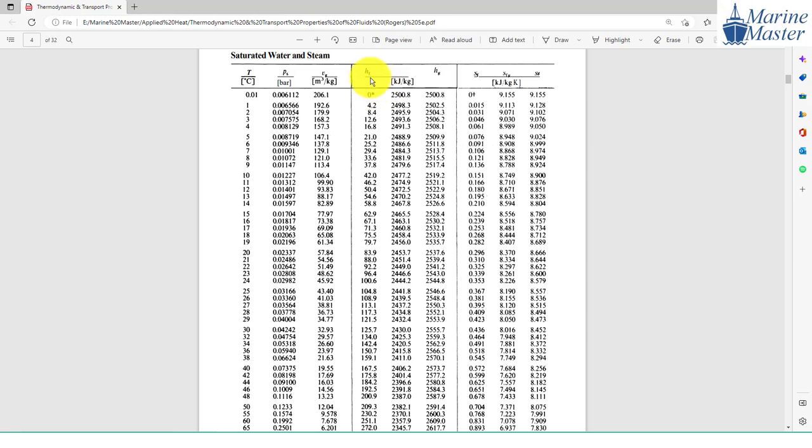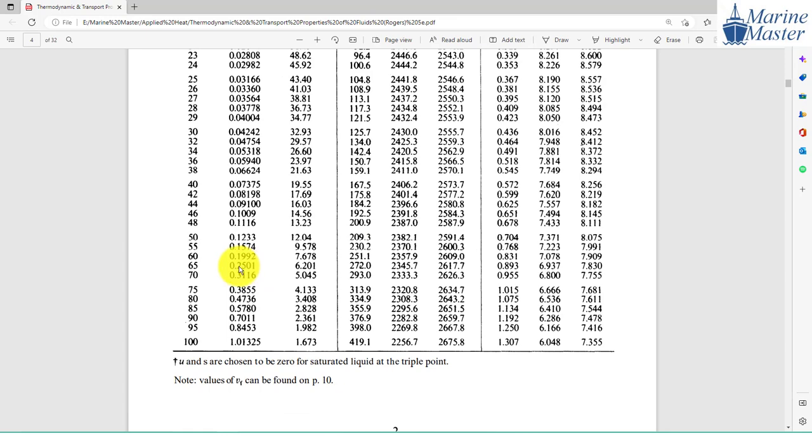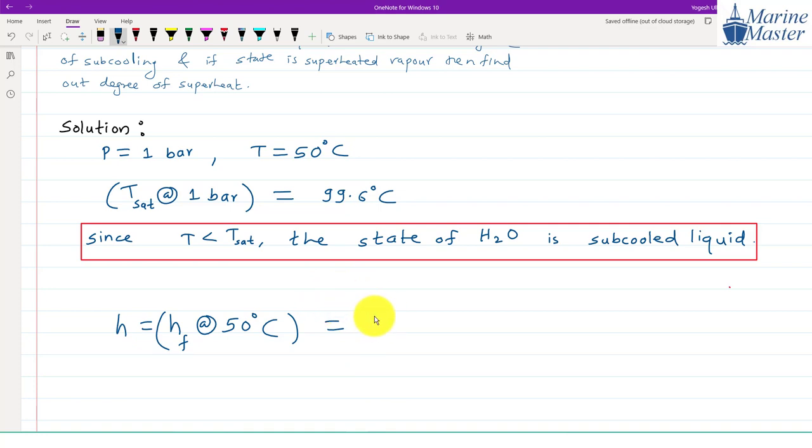HF is 209.3, unit kilojoule per kg. Now I am zooming in. So here 50 degrees Celsius, 209.3. So H will be equal to 209.3 kilojoule per kg. This is one of our answers.